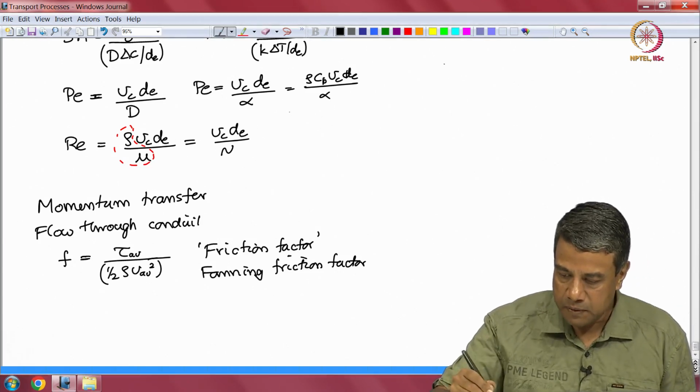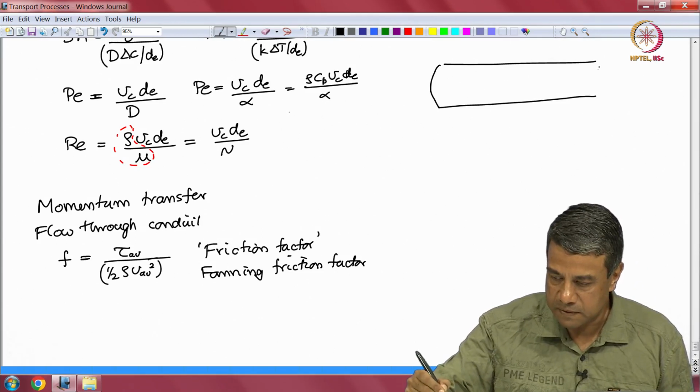We know that for the pipe we had done a momentum conservation or a force balance previously.